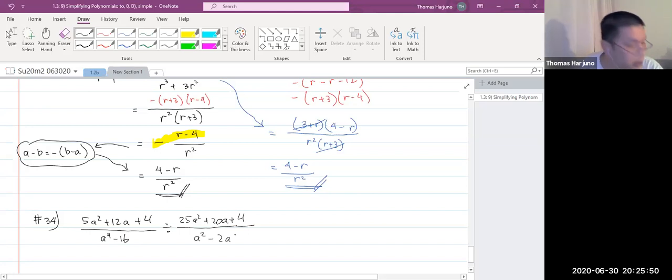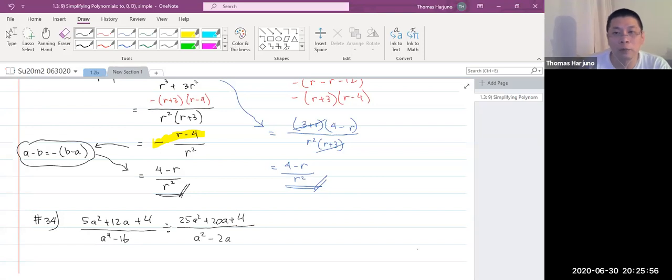In number 33, you see a multiplication problem. Now, what happens if we have division problem?